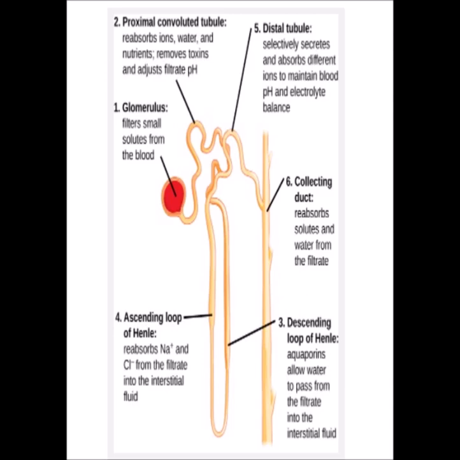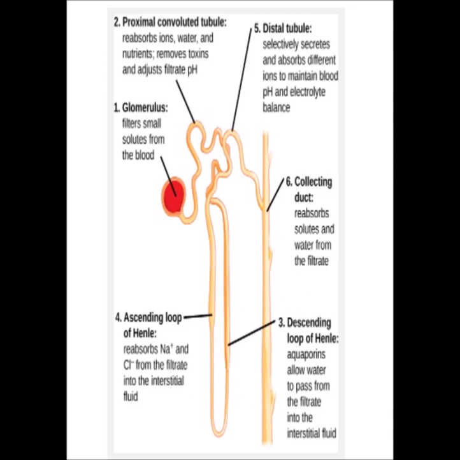In the thin part, sodium ions and chloride ions diffuse into the interstitial fluid. In the thick part, these same ions are actively transported into the interstitial fluid because salts but not water are lost. The filtrate becomes more dilute as it travels up the limb.